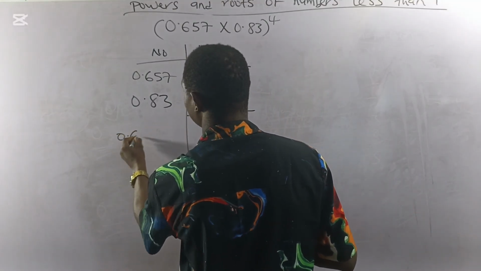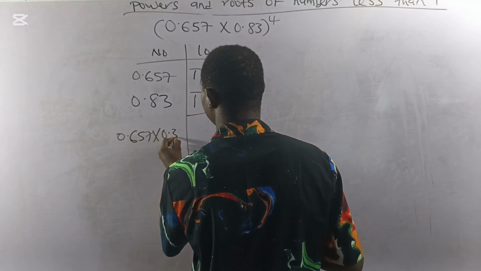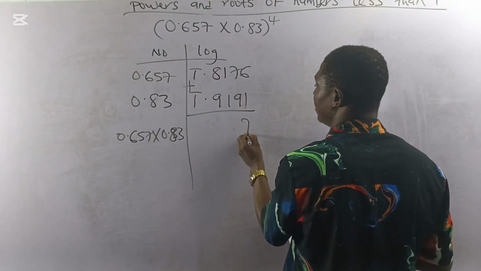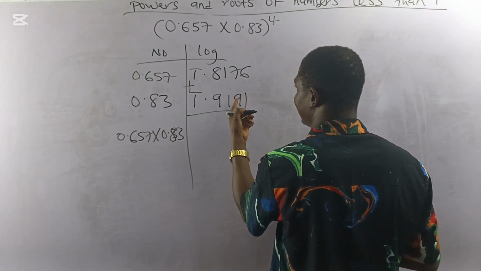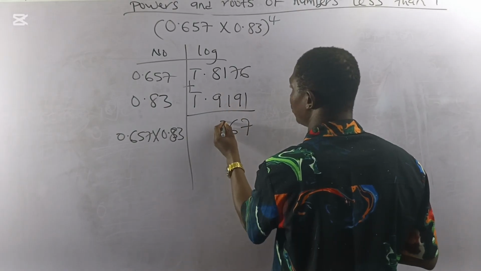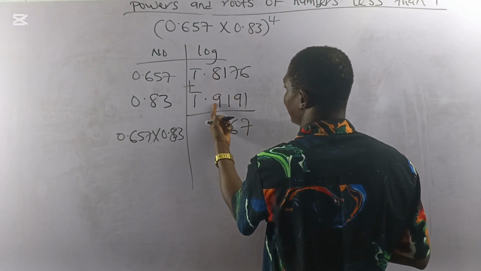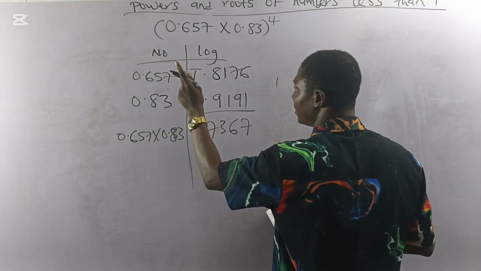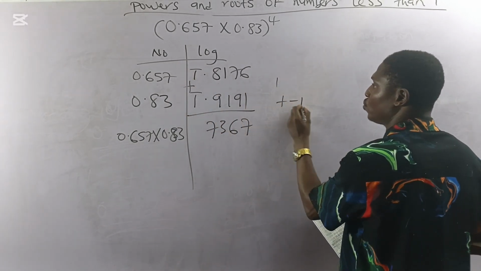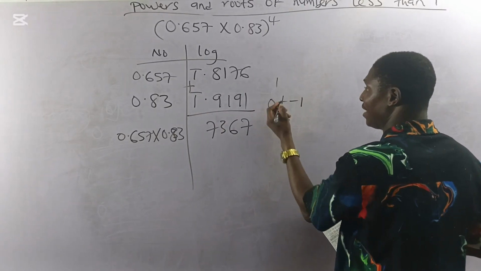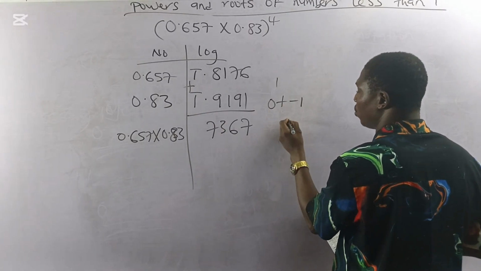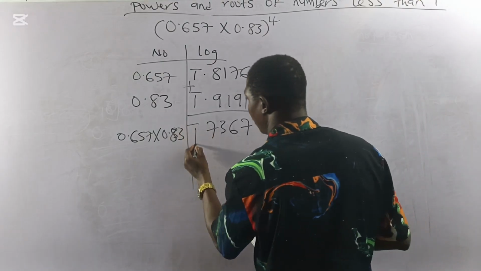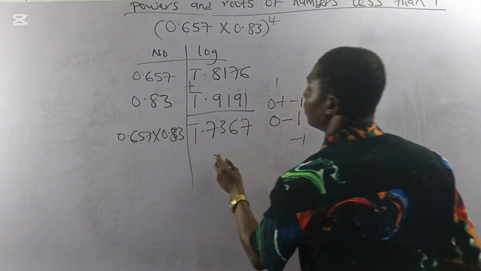So I have 0.657 times 0.83 to give me the sum of this and this. 6 plus 1 is 7. 7 plus this is 10, 16, 6 carry 1. 8 plus 9, 17, 7 carry 1. So 1 minus 1 will give me 0. And I have plus bar 1 left, which is same as 0 plus bar 1. Plus bar is minus, and 0 minus 1 is minus 1, which is bar 1. Put my decimal point.